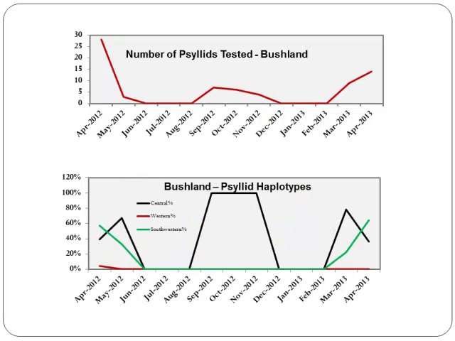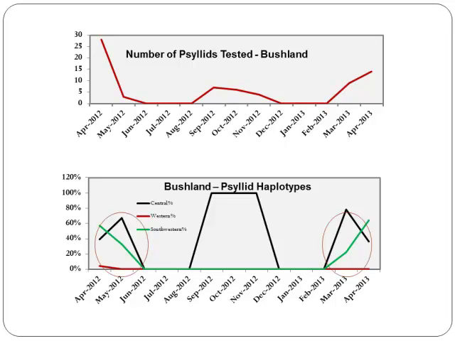In Bushland, we captured lots of psyllids during spring. However, in the 2012 winter and January 2013, we did not catch any psyllids. In Bushland, we also see some interesting haplotype shift.